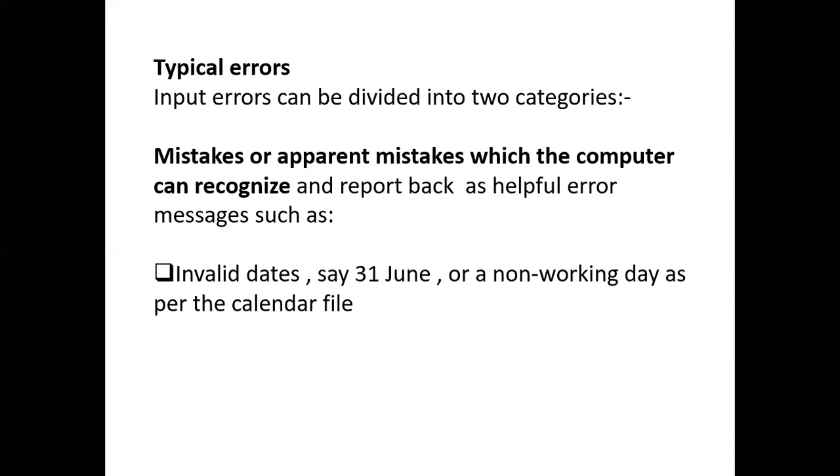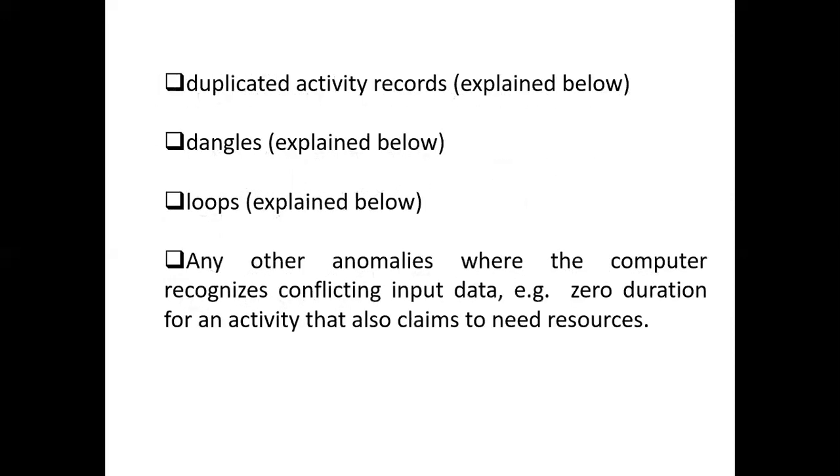So if you enter any date apart from what has been set, the software can detect it and report back an error. Duplication of activities, entering the same activity more than once. The dangles, which I'm going to explain below, and also the loops. Just exercise a bit of patience.